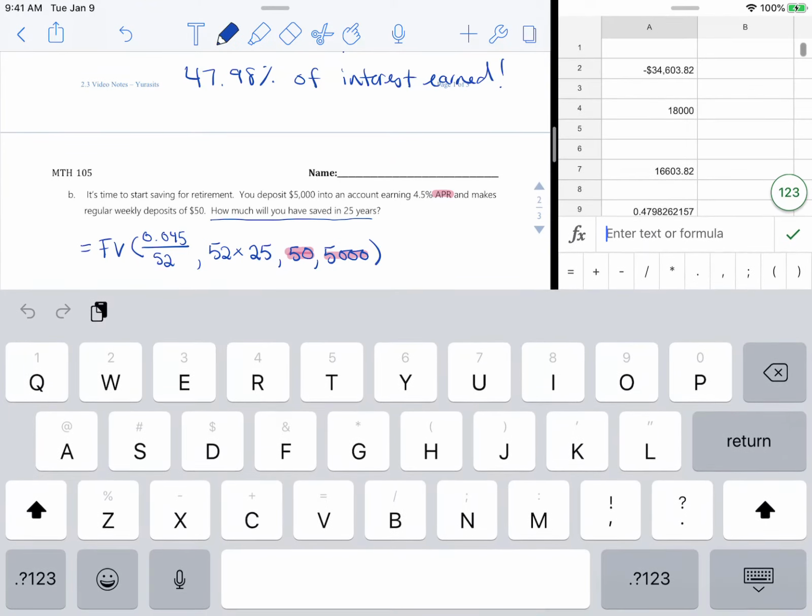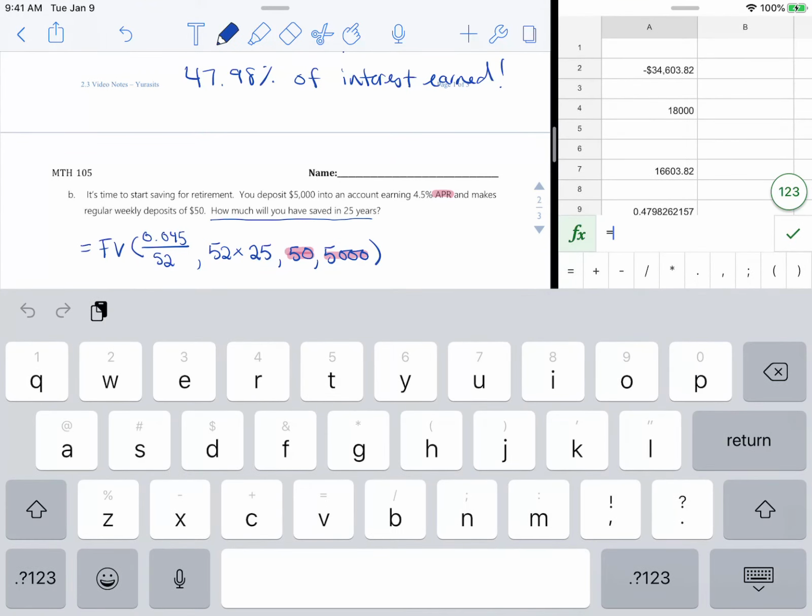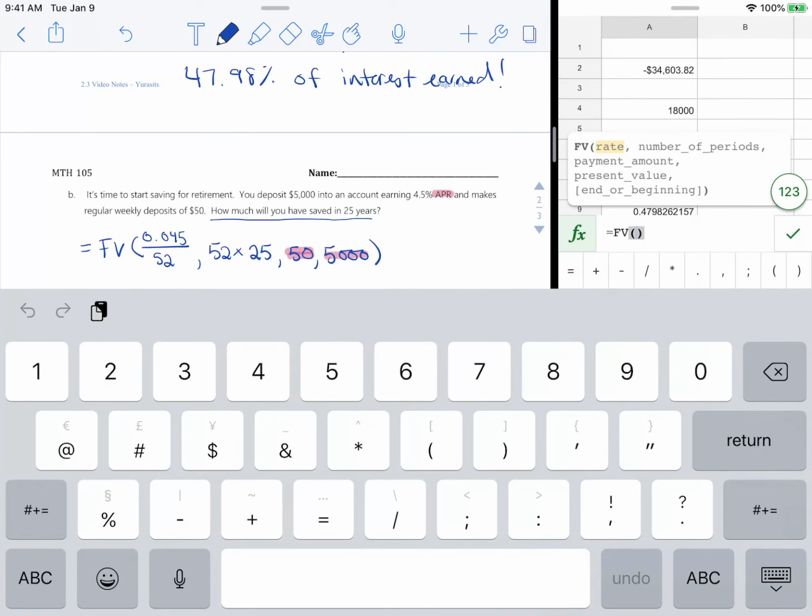So relying on Google Sheets, equals FV, my rate, 0.045 divided by 52, because I did it weekly. There's 52 weeks in a year, and we're doing this for 25 years. I make weekly deposits of $50, and I start with 5,000.